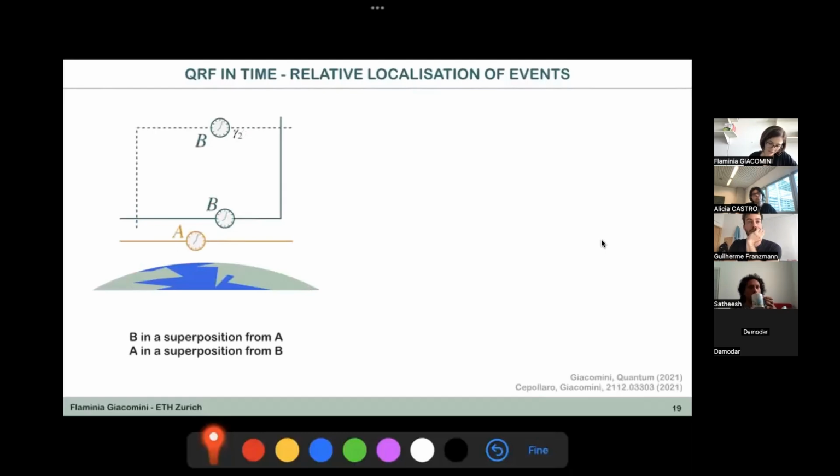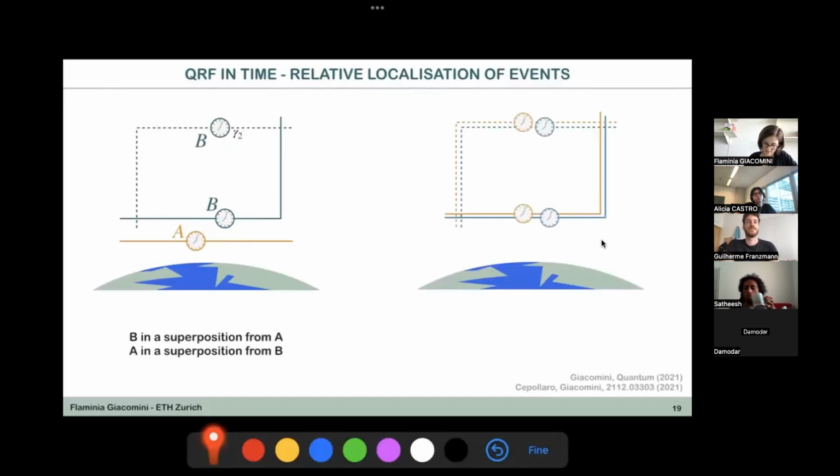But now you can also go in this formalism to the quantum reference frame of this clock and look at what this other clock does. And you will observe exactly the opposite effect. This clock will tick according to some time, while this clock will tick in a quantum superposition of times.